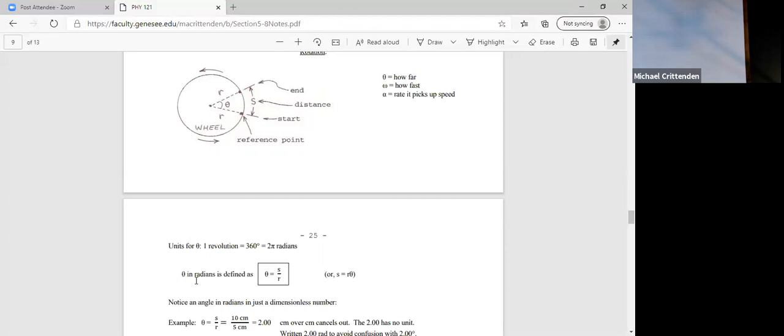And that's what a radian is. Theta in radians is the ratio of this arc length divided by the radius. Theta equals S over R. Or the way it's written on the formula sheet is S equals R theta. It's easier to type that way instead of fooling around with a fraction, but it's the same thing.